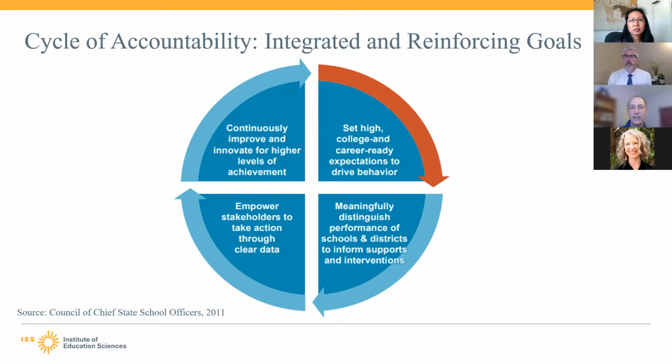And then we can review and say, okay, what do we need to change in the system? And do we need to redefine our goals? So there's this iterative, cyclical nature about thinking of accountability as a cycle. And this comes from the Council of Chief State School Officers, something that they did some 10 years ago. And I think the cycle is still just as true today. Next slide.